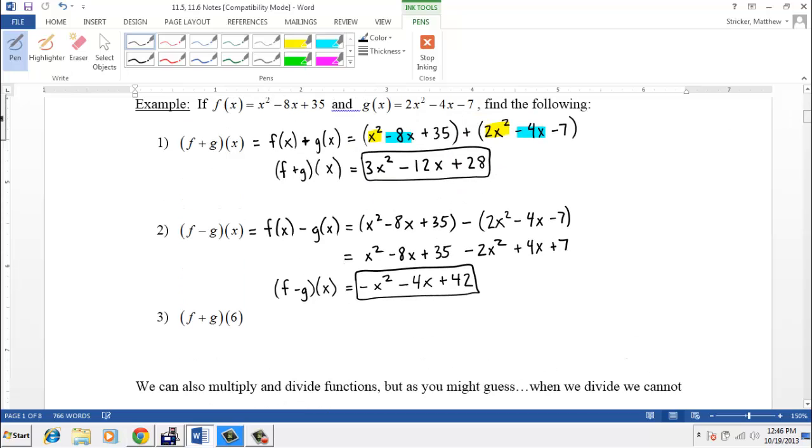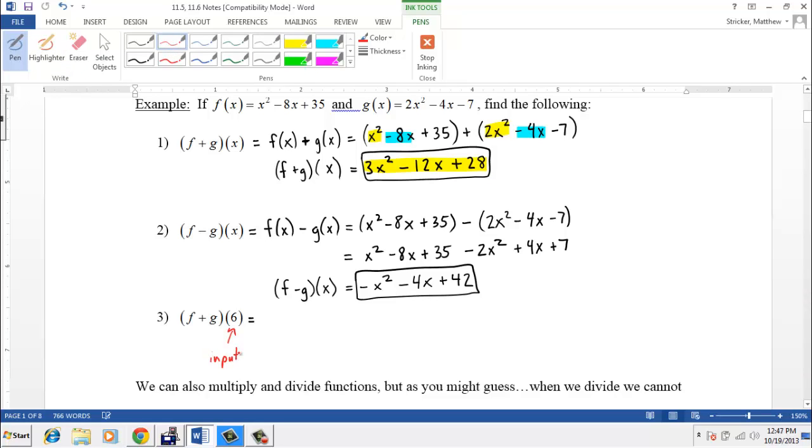What do you think about the last example, f plus g of 6? Well, we could just take and plug it in to this function right here that we already calculated. We already found out what f plus g of x is. Now we want to use that function to calculate it with an input of 6.